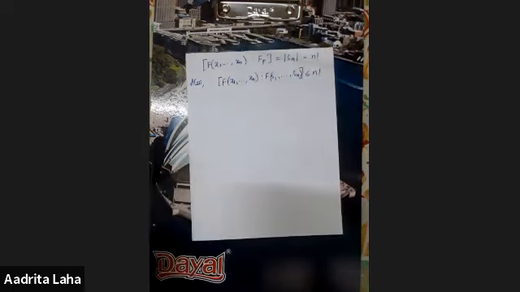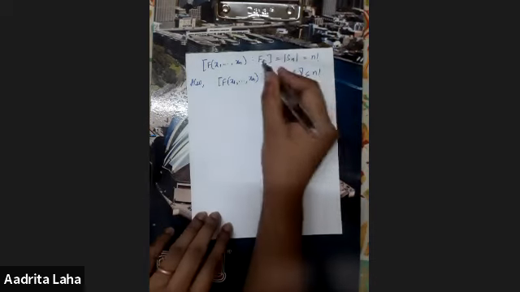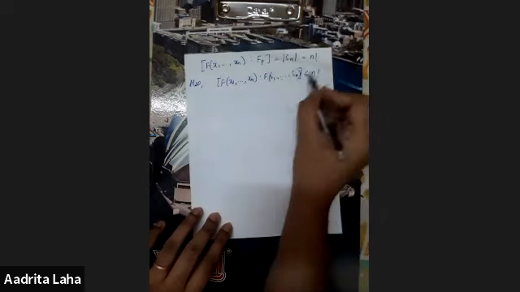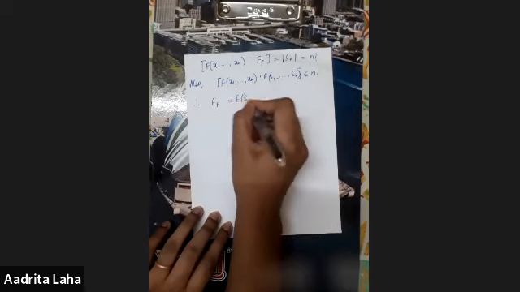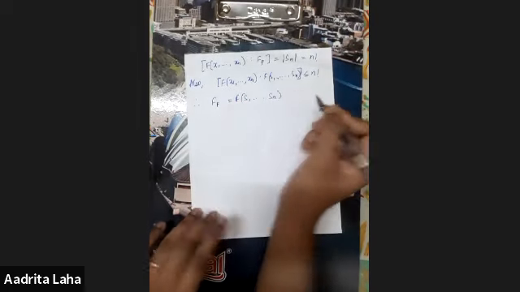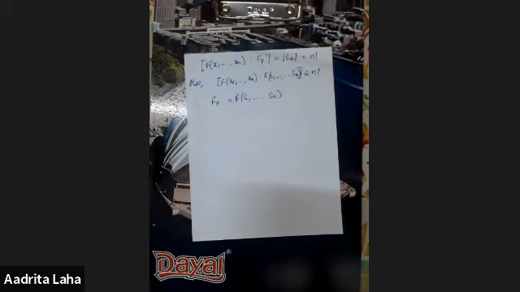Because this is the splitting field of a degree n polynomial, and hence the degree must be at most n factorial. From this inequality and this equality, we can conclude that the fixed field is equal to F(s1, ..., sn). We can conclude this because F(s1, ..., sn) is a smaller field than the fixed field by the previous inclusion, so the degree must be larger, but we cannot go any larger than n factorial. So we must have equality.